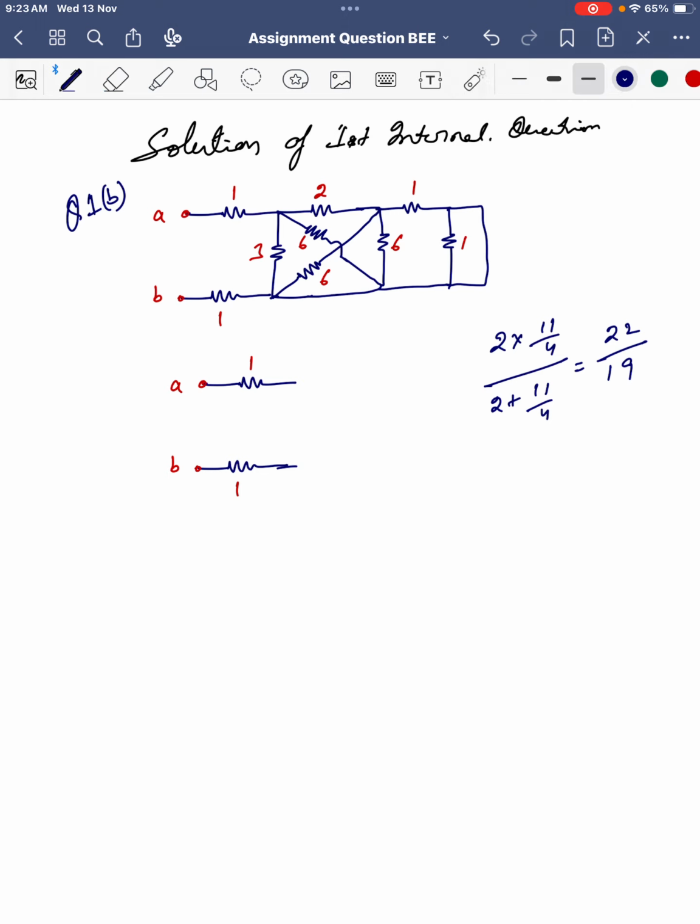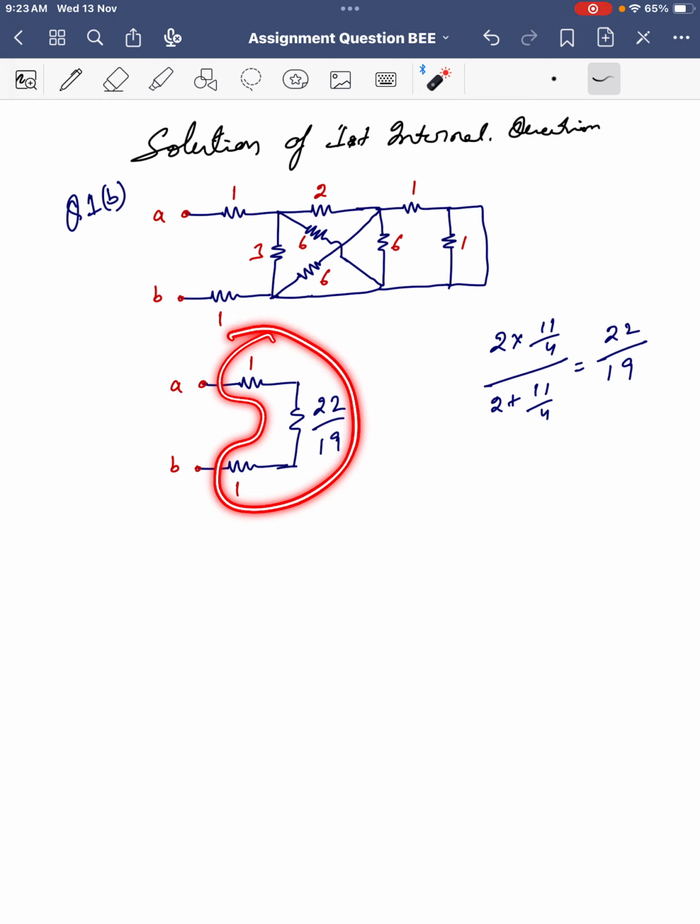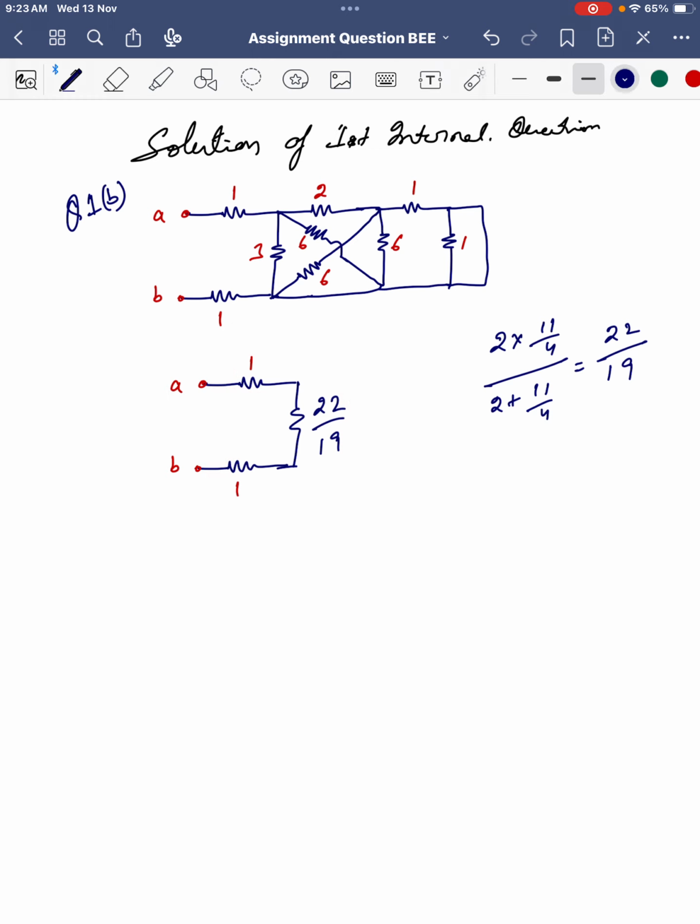So we can remove this and write it as 22 by 19 ohms. Now obviously these three resistances are in series, so we can add up: 22 by 19 plus 2.